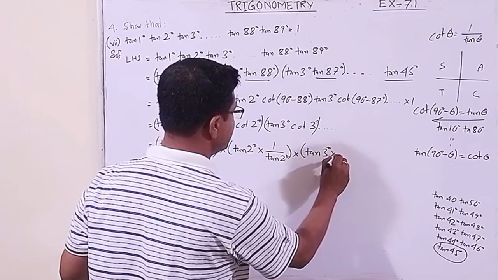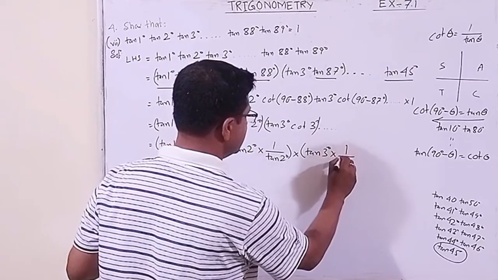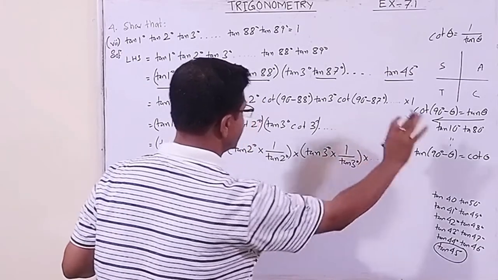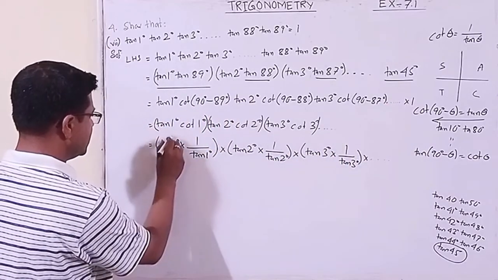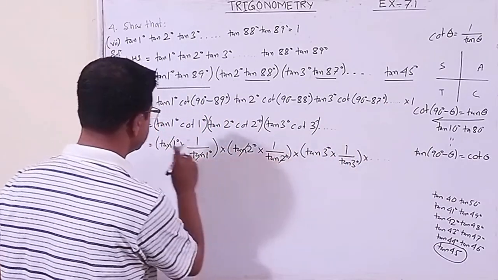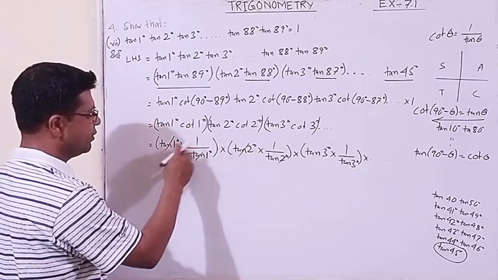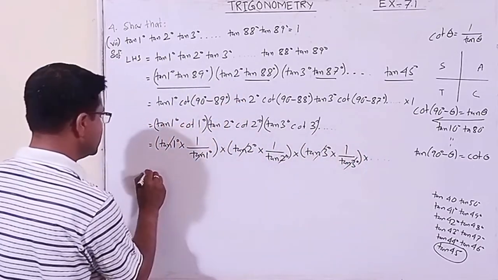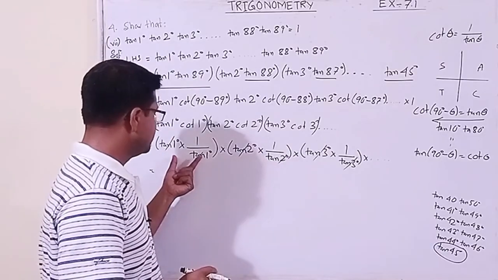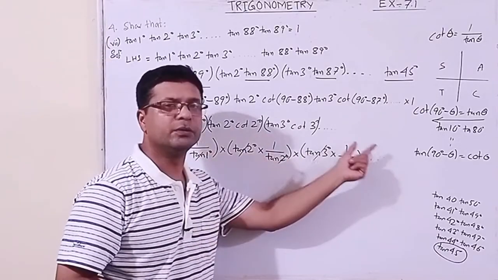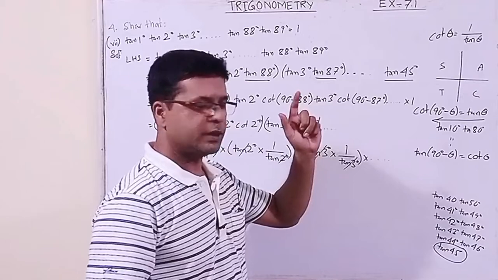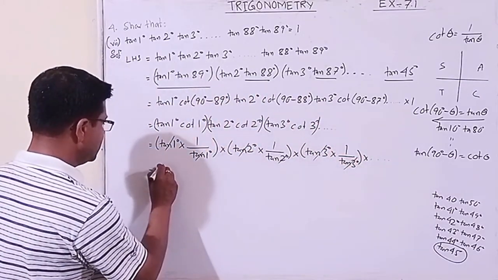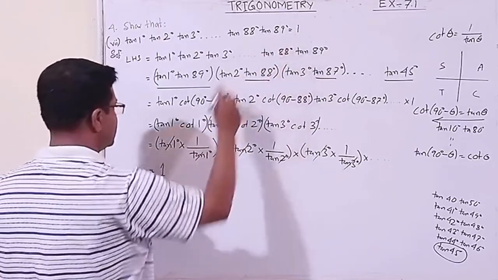Tan 3 degree into this cot 3 degree, and it happens everywhere. So they will get cancelled, because the measurement is 1 degree, 1 degree, 2, 3, everything will get cancelled. So in each pair we get 1 into 1 into 1 into 1 into 1. However many 1s you take, that product is always going to be 1. So this is 1, the right hand side, you can check.